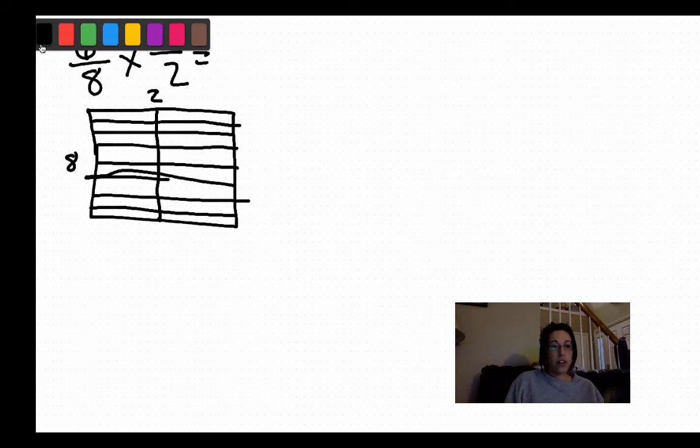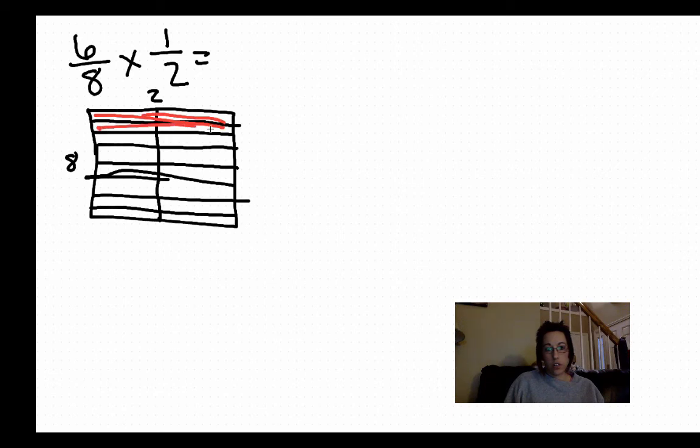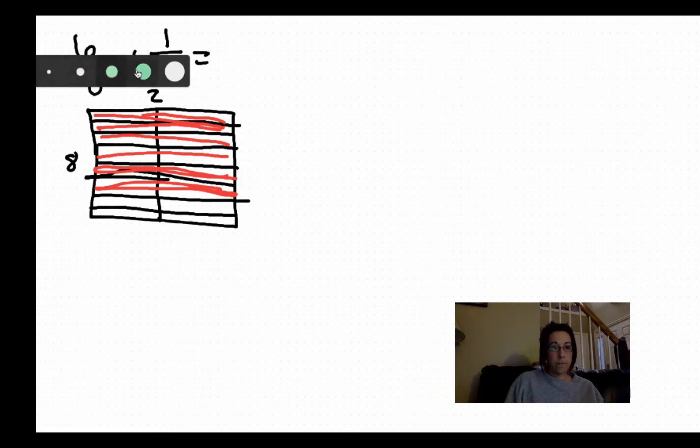Let me get some color here. 6/8. 1, 2, 3, 4, 5, 6/8. And let's go some blue for this 1/2. So let's look at our overlap here.